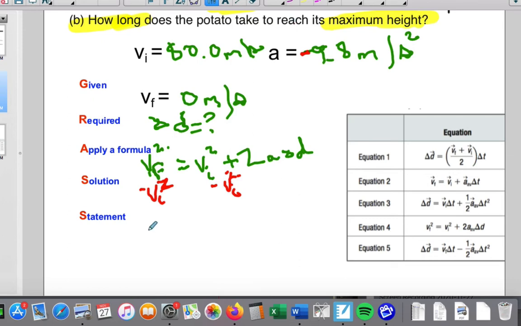And when we simplify, VI squared minus VI squared is going to be 0, plus 2a times delta D. So 2a delta D is equal to VF squared minus VI squared.